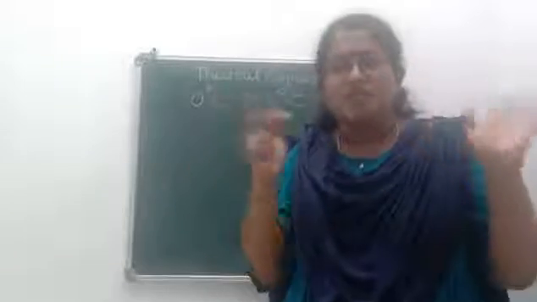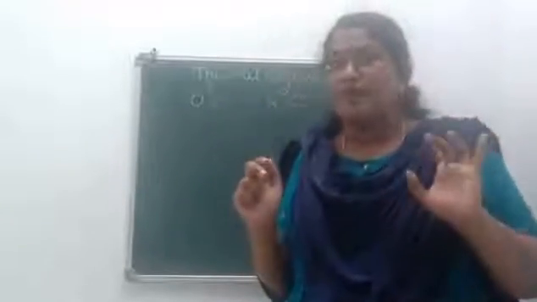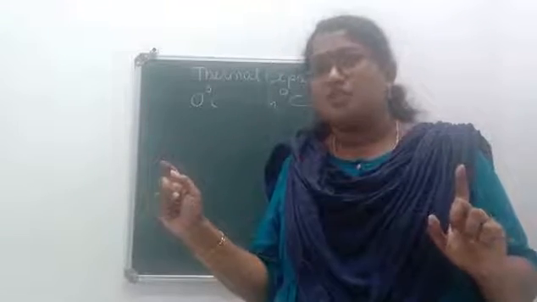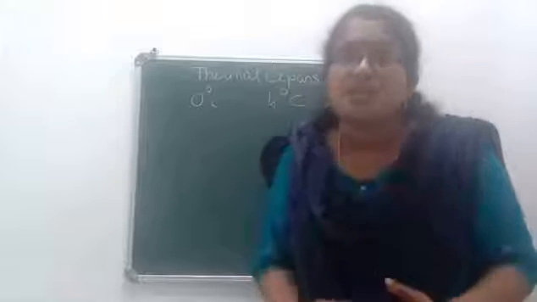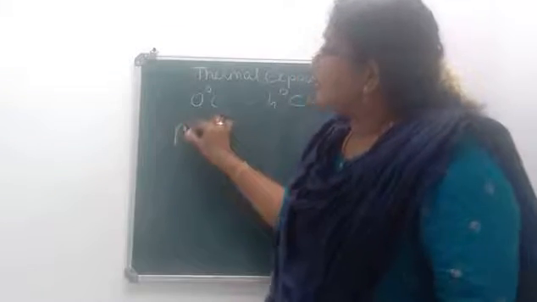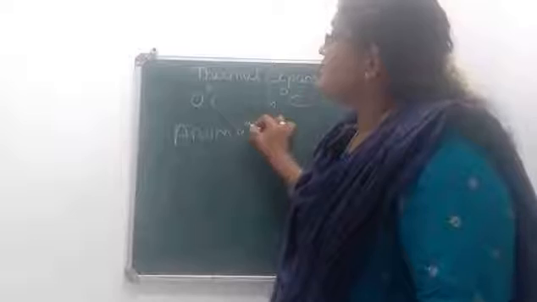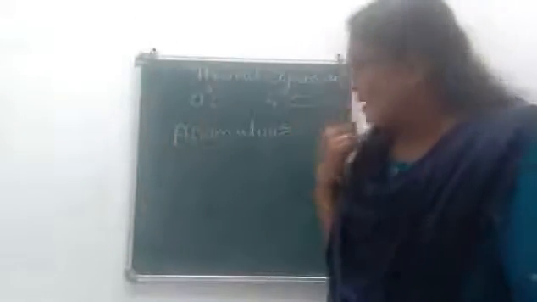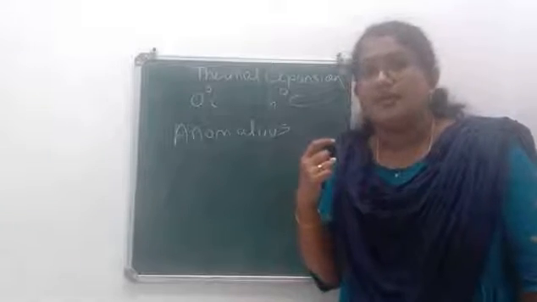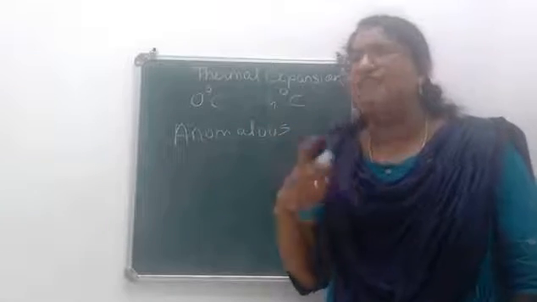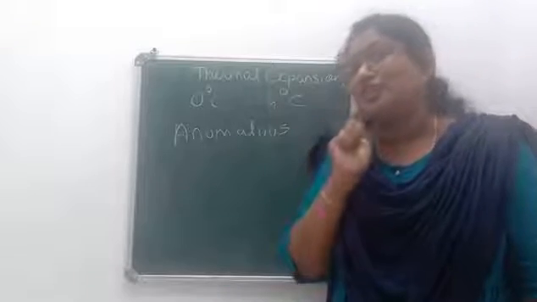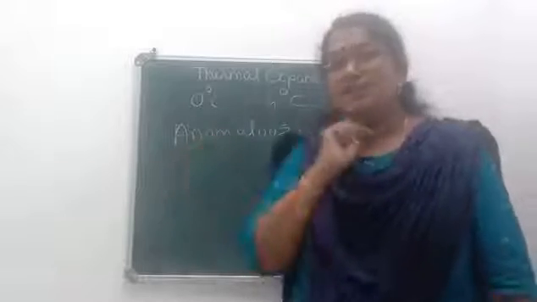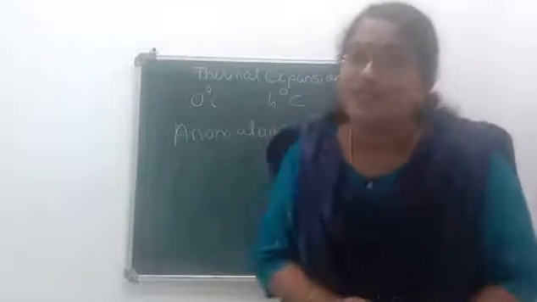At all other temperatures, it will go according to the usual fact, but between 0 and 4 degrees Celsius, water shows an exceptional behavior, and that is known as anomalous expansion of water. Instead of contraction, it will expand, and instead of expansion, it will contract between 0 and 4 degrees Celsius. Now we will check what it is.